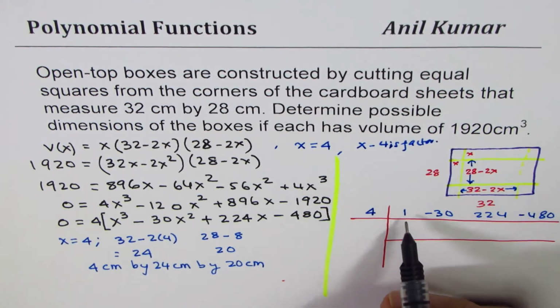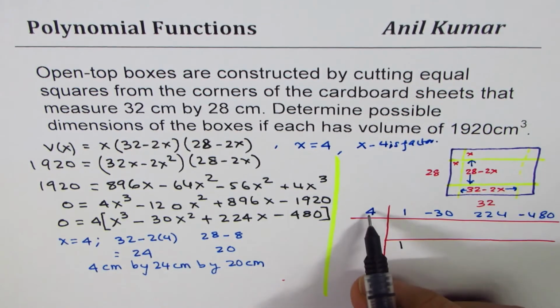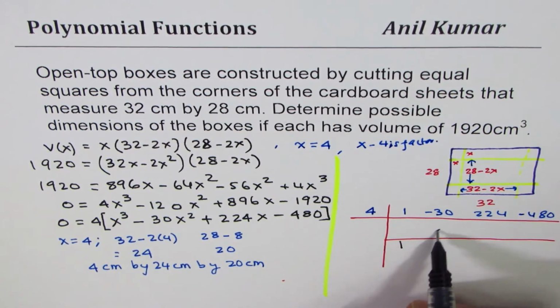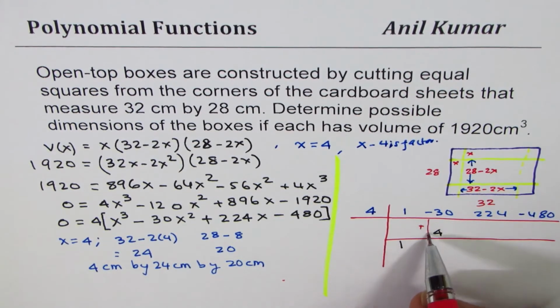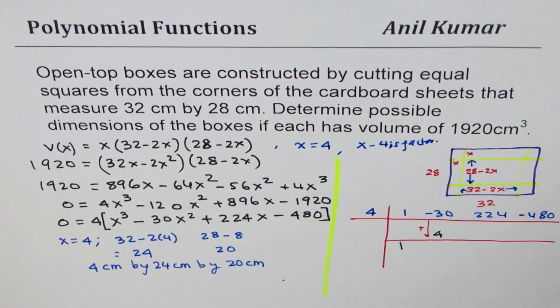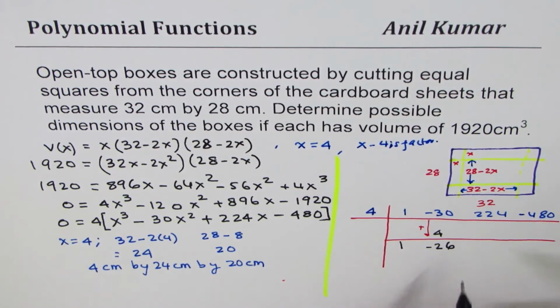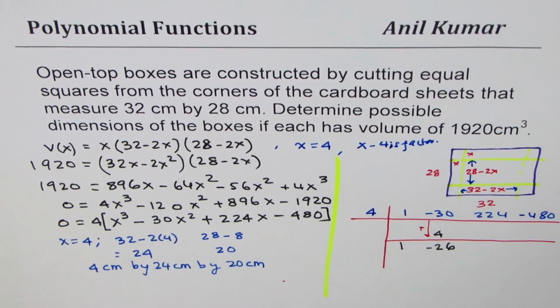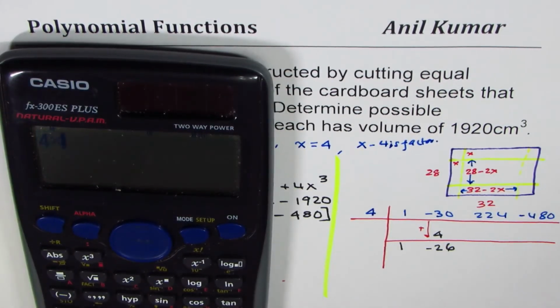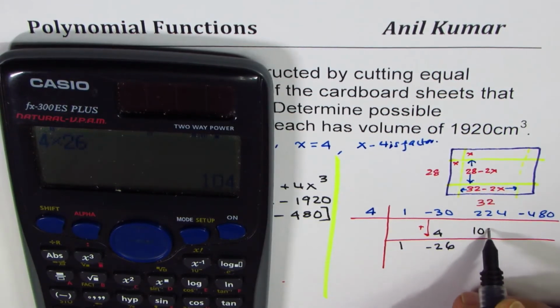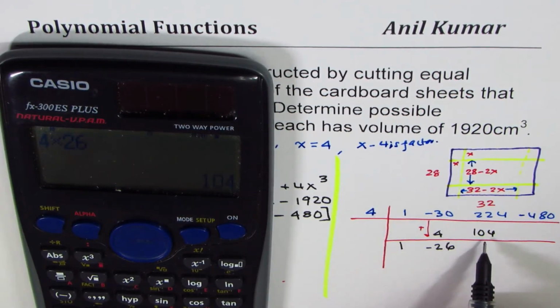So we bring down 1, 1 times 4 gives 4 here, add them, so minus 30 plus 4 is minus 26. Now we'll multiply by 4. 4 times 26 equals 104, with a negative sign.